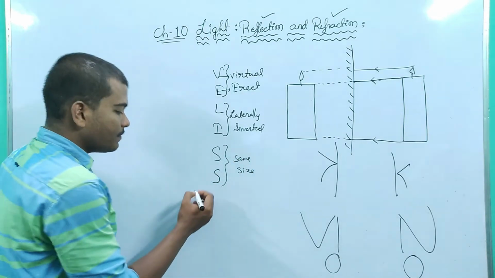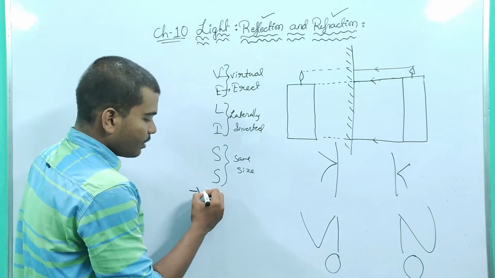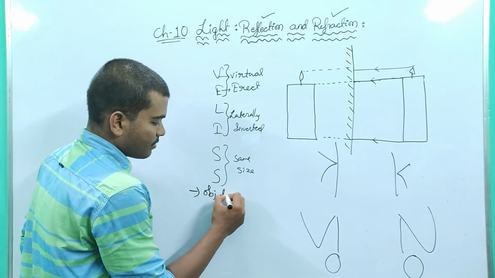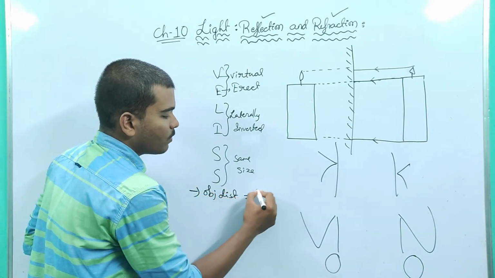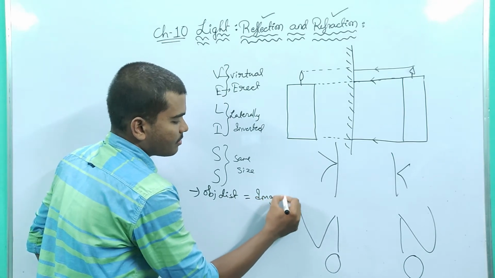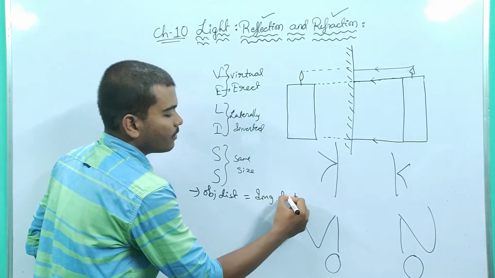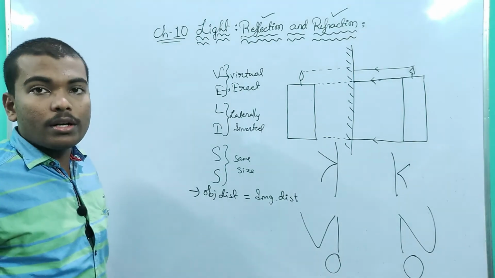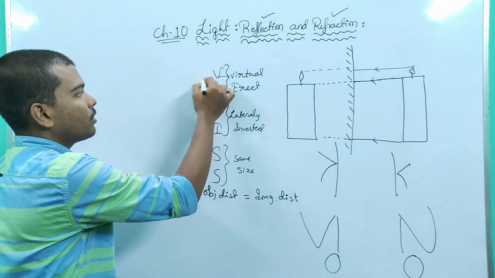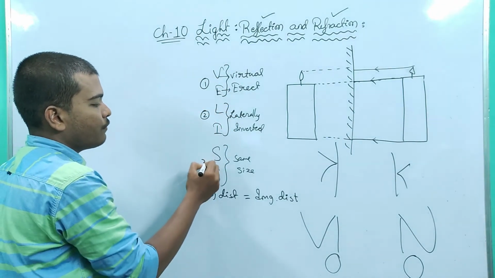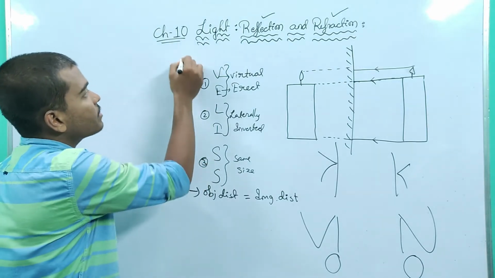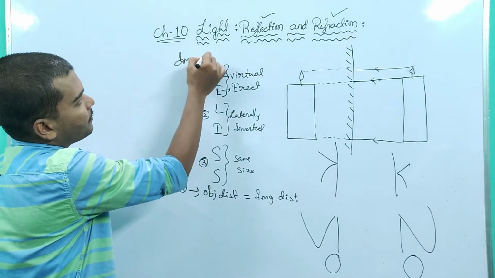If you ask for another one, the object distance will be equal to the image distance. This is the last one. These are the four characteristics of the image formed by a plane mirror.